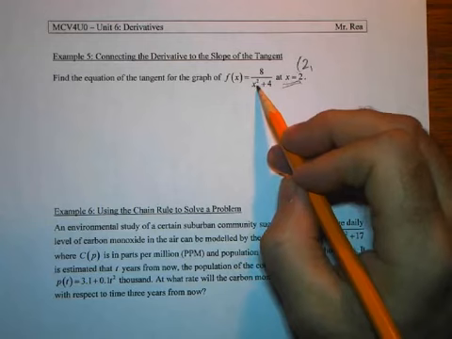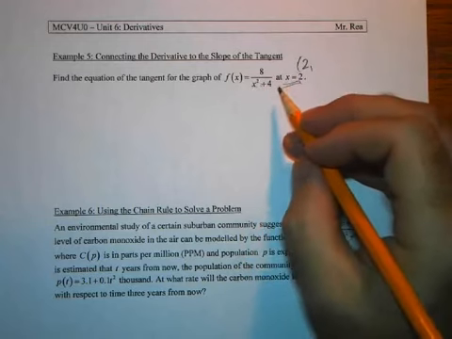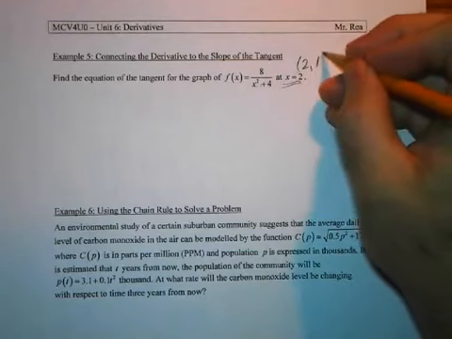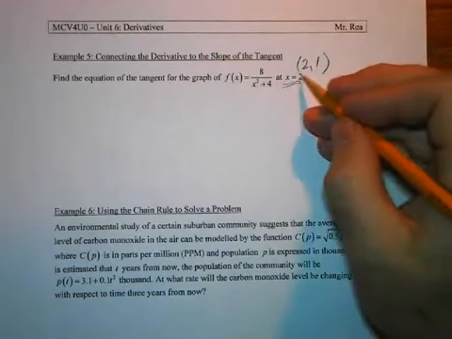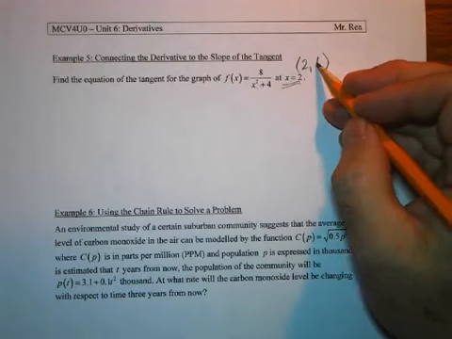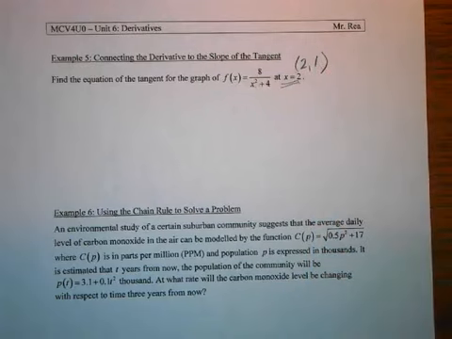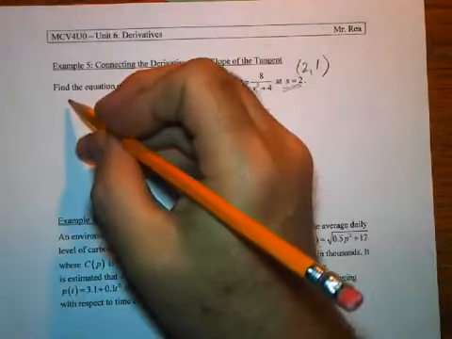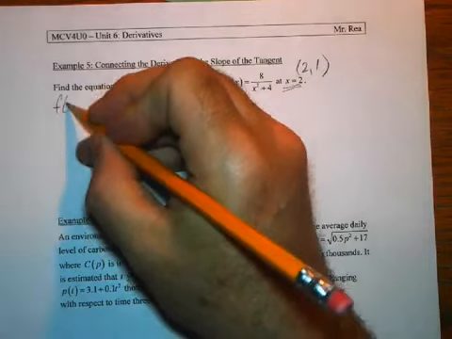So 2 squared is 4, 4 plus 4, that would be the value 1, 8 over 8. So that's the point we're going to use to get the equation of the tangent. Okay, so the first thing I'm going to do is slightly rewrite f of x.